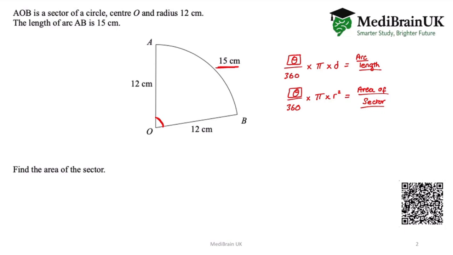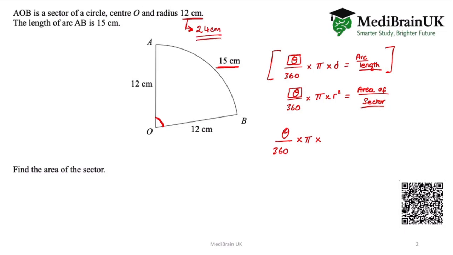It's 15 centimeters. So if we use this first formula over here, we don't know the angle, so we're just going to say theta, and that's over 360, and then we're going to multiply by pi, and then we're going to multiply by the diameter. Now we know that the radius is 12 centimeters, so the diameter is just going to be 2 times the radius, so it's going to be 24 centimeters.